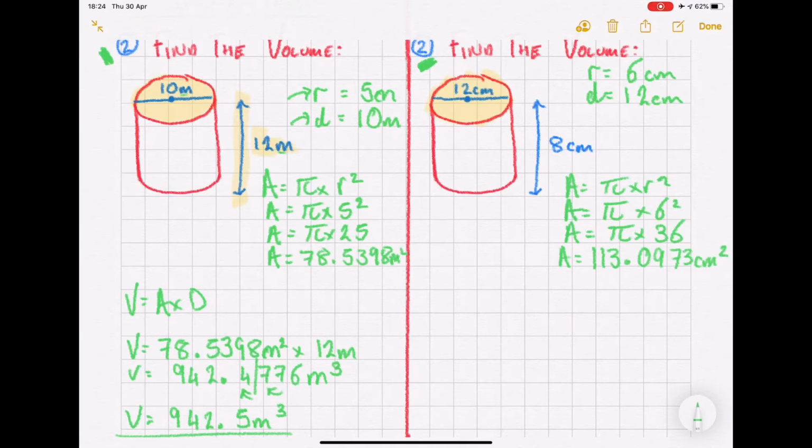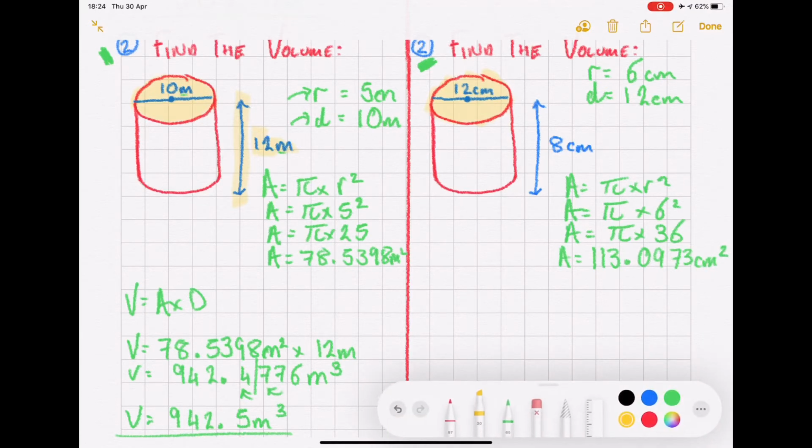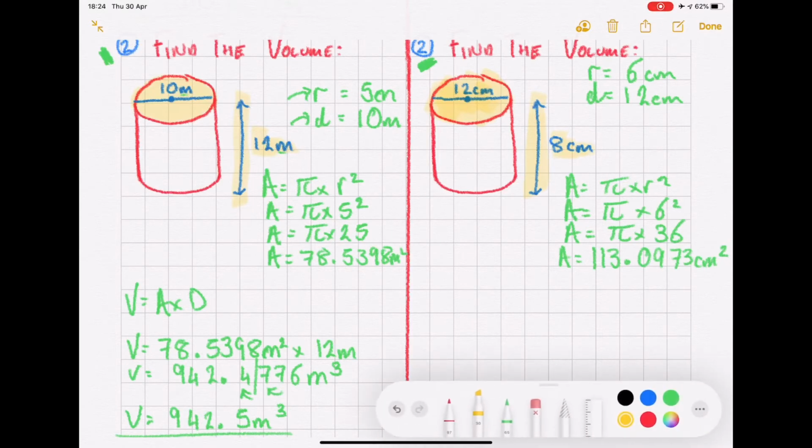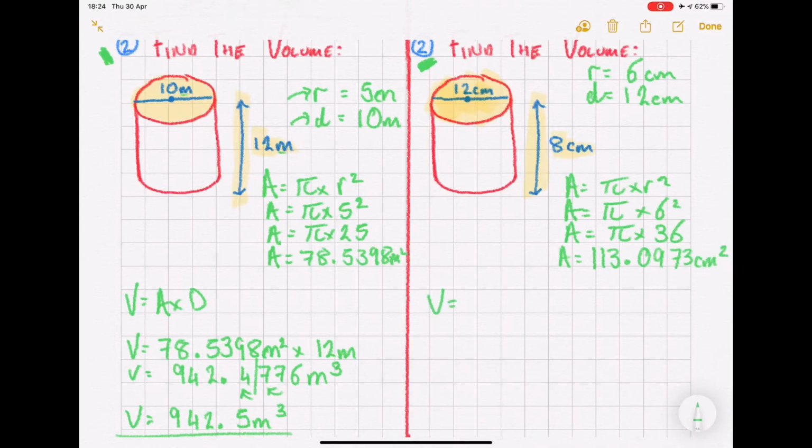Fantastic. Now, if we want to find the volume, we take our cross-sectional area and we times it by the depth, which is 8 centimetres. So volume equals area times depth. So volume equals 113.0973 centimetres squared times the depth, which is 8 centimetres.